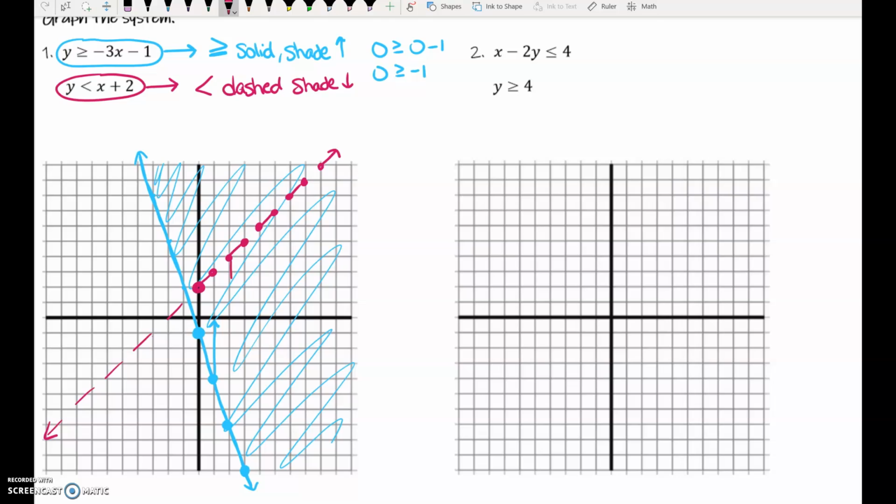So draw an arrow straight down anywhere on this line. That's the side that we are going to shade. Or you could pick the point (0, 0) and plug that in. (0, 0) creates a true statement. So the side of the graph that (0, 0) is on, that's the side that we are going to shade.